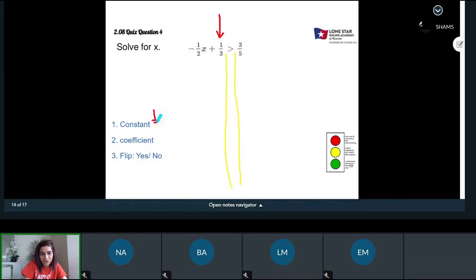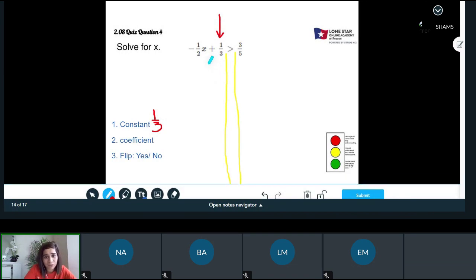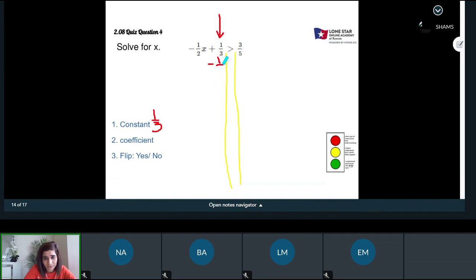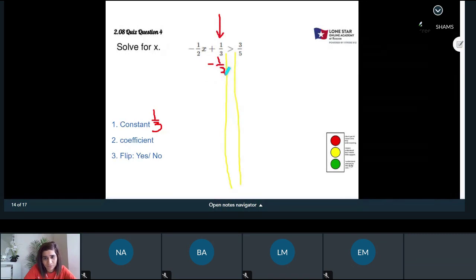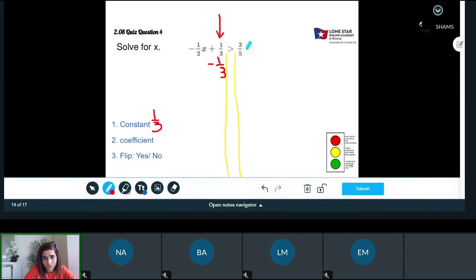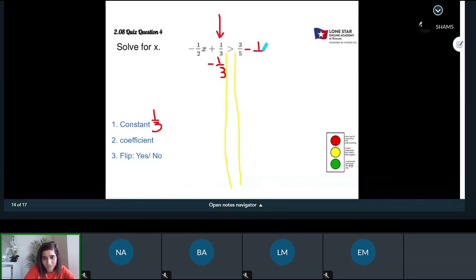And this is the very first thing we will try to undo. I have to undo plus 1/3. I will go ahead, subtract 1/3 from both sides. And I will also subtract from this other side so I can keep the inequality balanced.